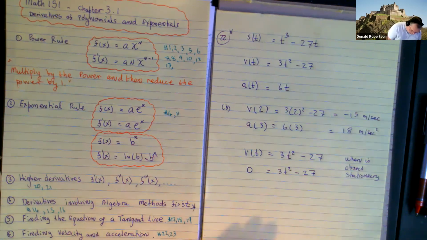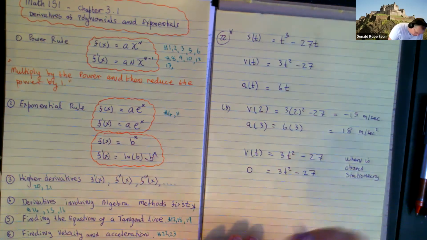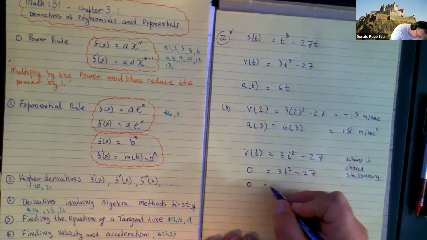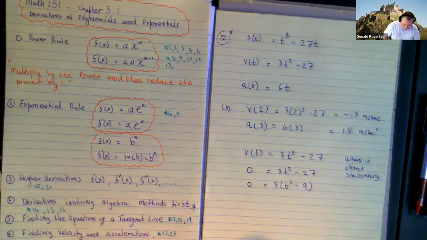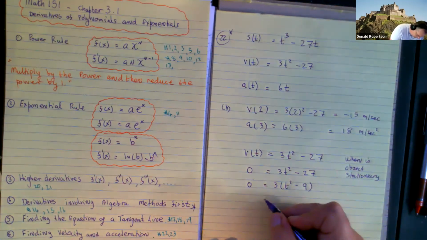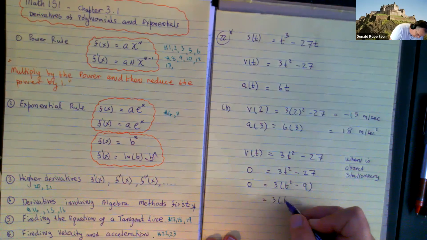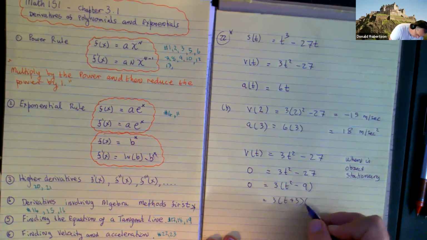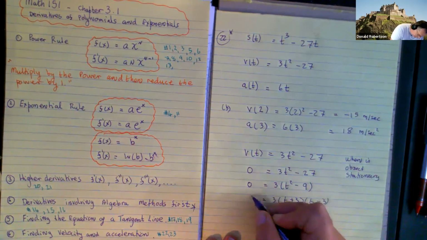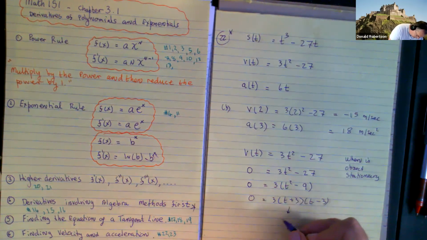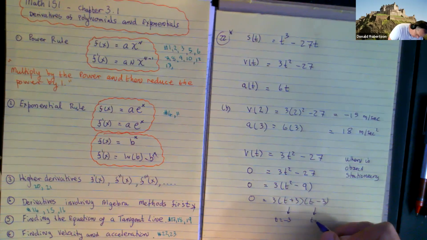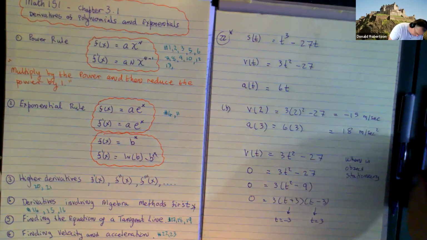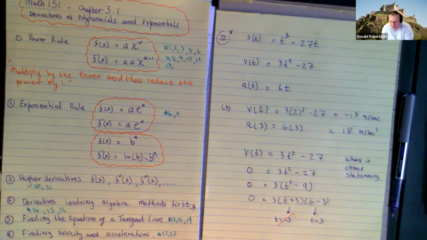And we would then work on solving this equation. You could solve it a number of ways. I'm just going to do it this way. I'm going to pull out 3 as a common factor, and then I'm going to recognize that this is a difference of 2 squares. And this one gives me a solution of -3, and this one gives me a solution of 3. I'm going to pretend that you can't do time travel, so we're going to look at 3 seconds.